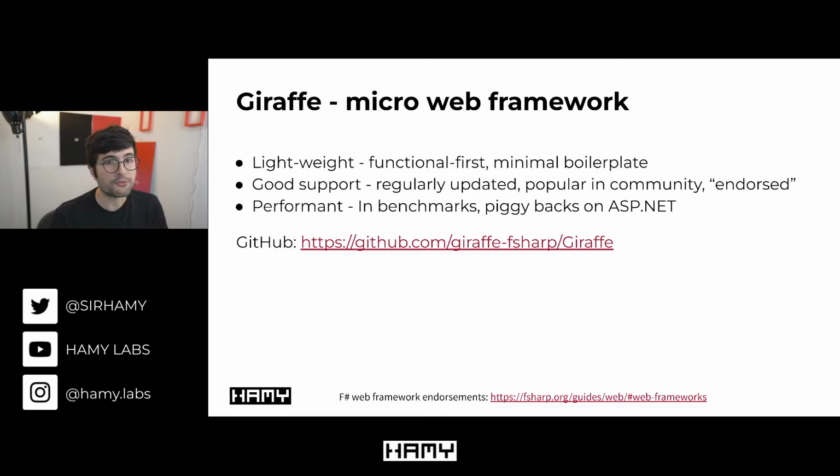The first one is that it's really lightweight, so we can think of this as a functional-first wrapper around ASP.NET, which is useful because you get all the functionality of the standard .NET ecosystem, but you can use all of F#'s nice features with it, which is why we're using F# in the first place. Because it's just a functional wrapper around it, we also get really minimal boilerplate, which you'll see when we dive into the code, which makes things super simple, especially if you're just building a very light API.